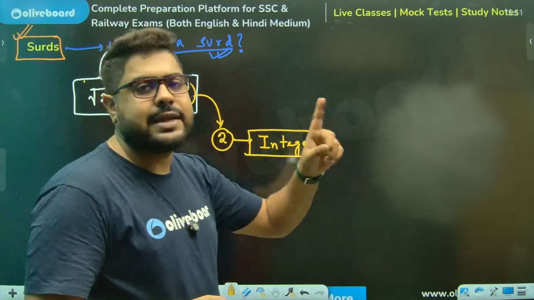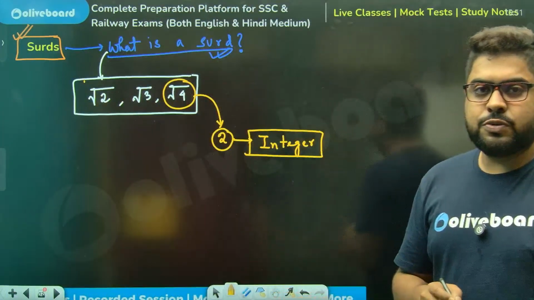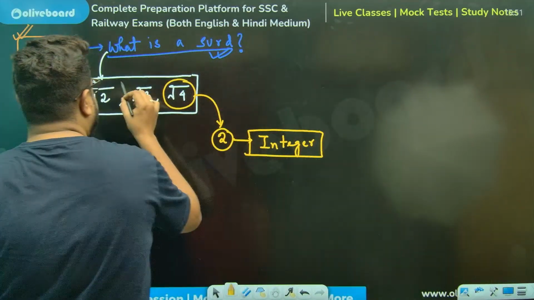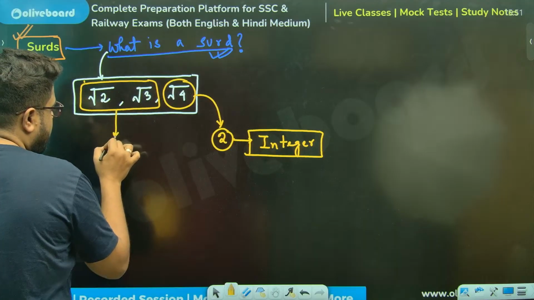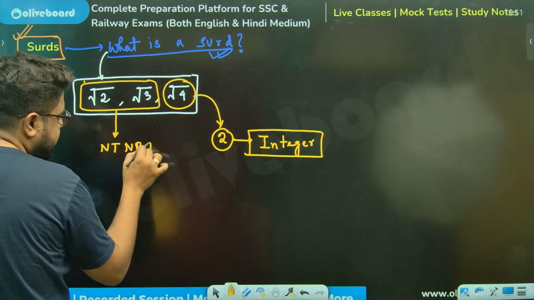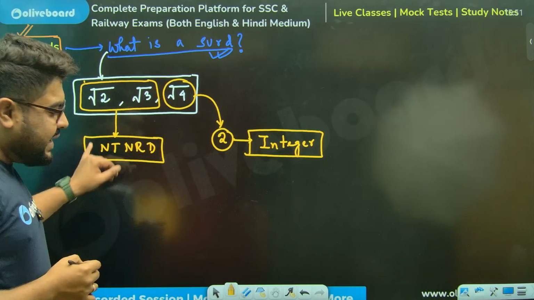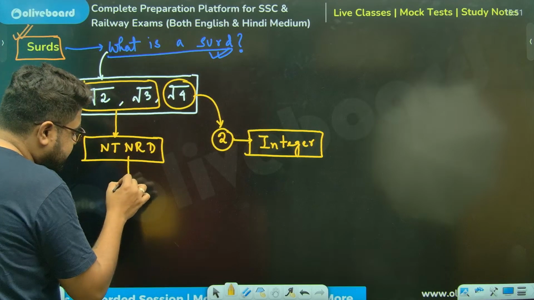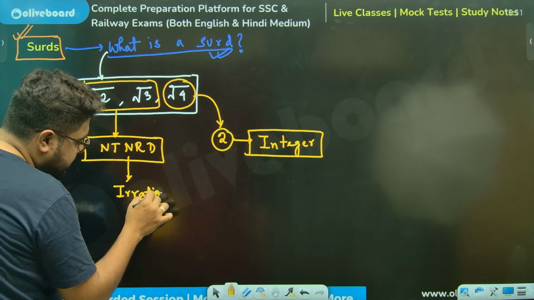The answer is no. If you try to figure out these values, these two will give you non-terminating, non-repeating decimals. NTNRD. And these are also called irrational numbers.